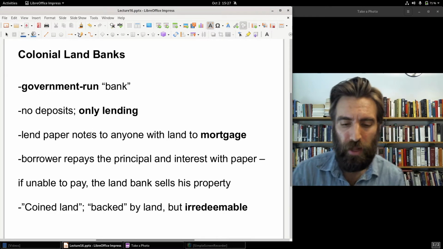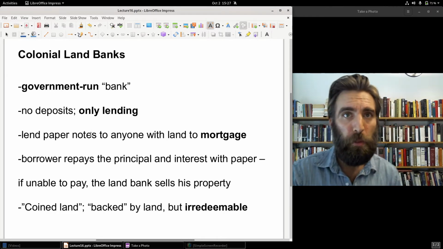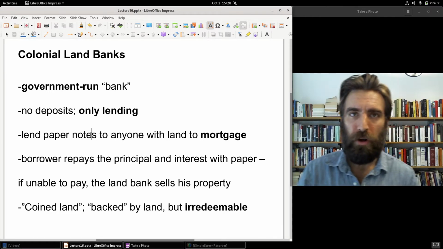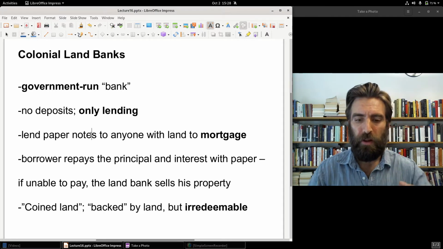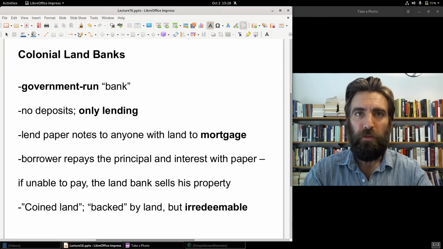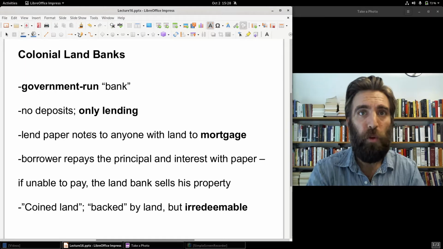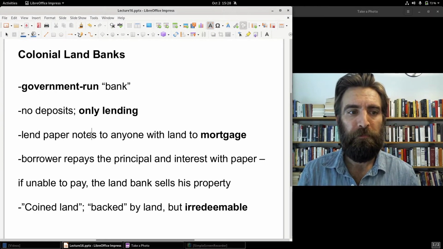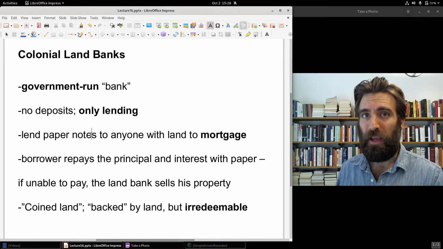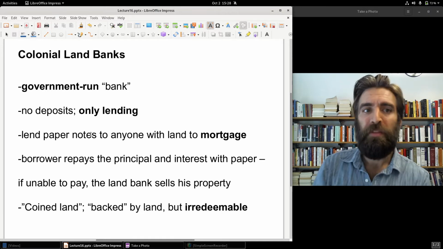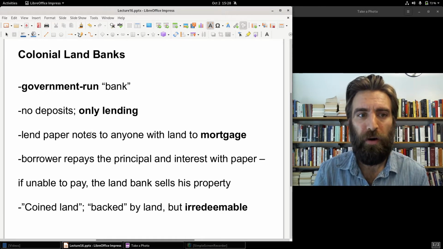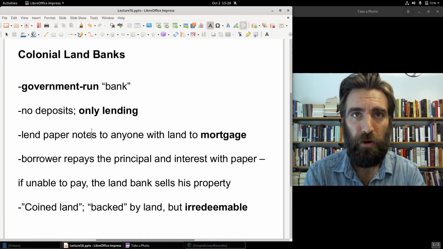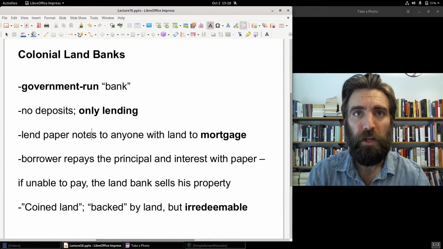So the land possessed by the borrower who wants to borrow paper notes was used as collateral for that new debt. So in this case, the debtor isn't the government. The debtor is the borrower of these paper notes, the one who mortgaged his land.